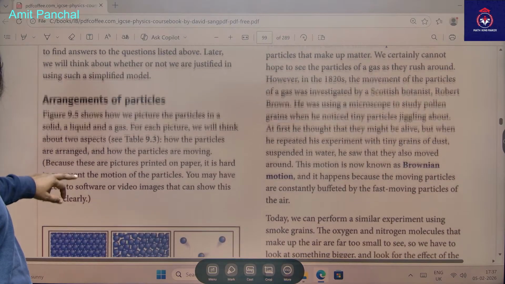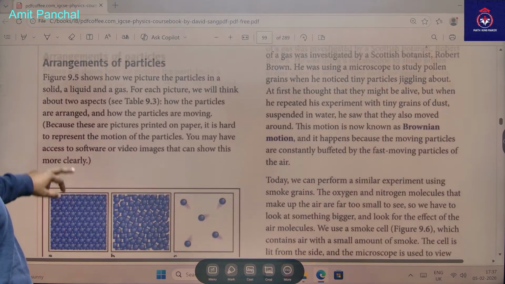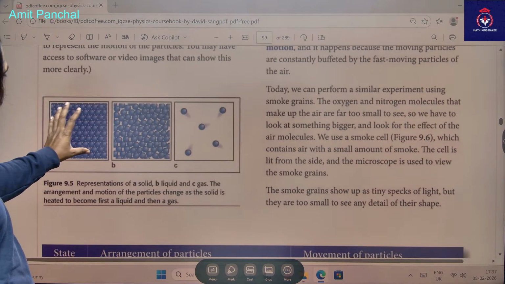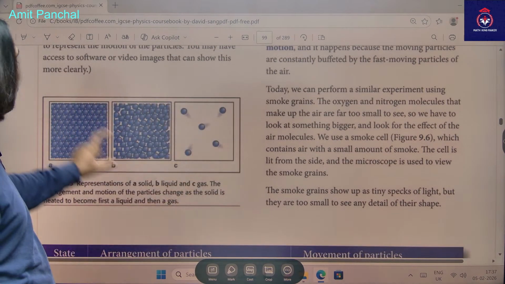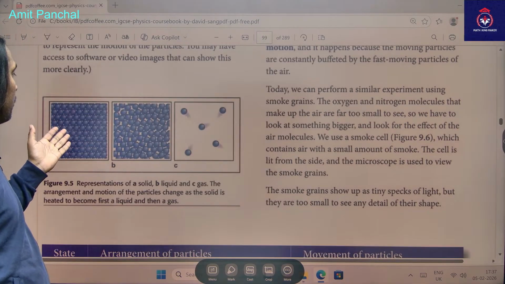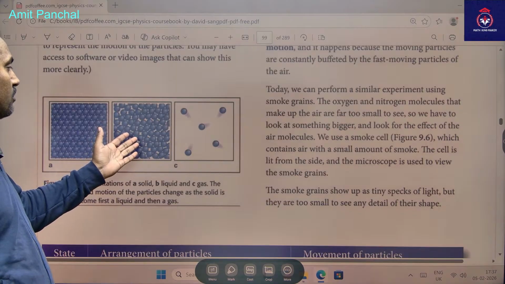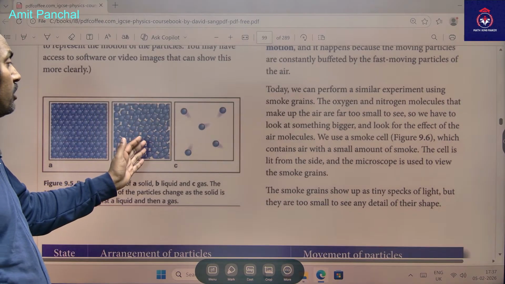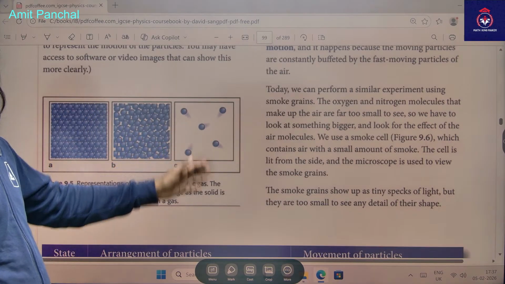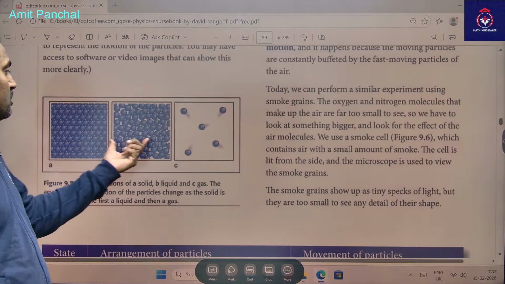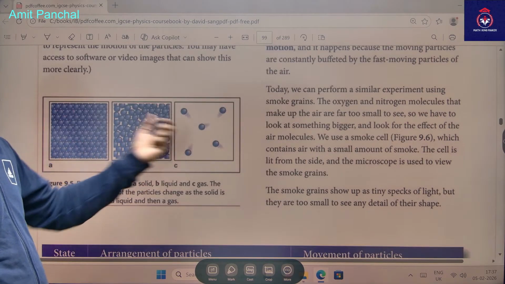Now, first of all, the arrangement of particles. You can see these are three structures. In this structure, you can see the gap between the particles is very small. The gap here is somewhat more, but here you can see the gap is very high. So we can say this is a solid form, this is a liquid form, this is a gaseous form.